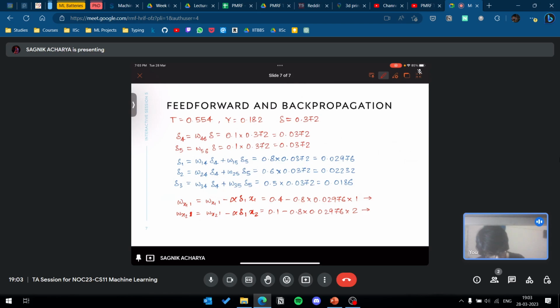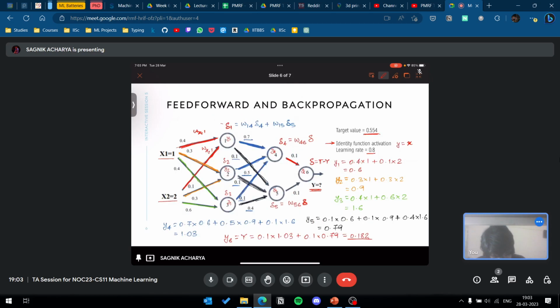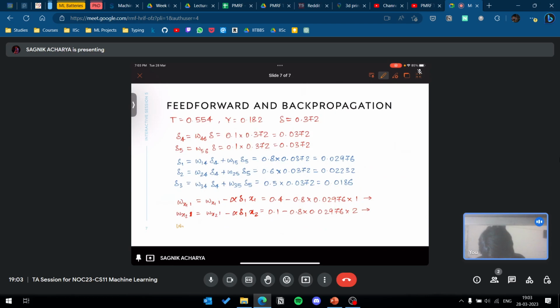Similarly, the next two weights are wx1 2 and wx2 2, given by very similar formulas. wx1 2 is the previous one minus alpha times delta 2, since it's connected to neuron 2, times x1, right? We'll get some value over here. wx2 2 is given by wx2 2 minus alpha times delta 2 times x2.